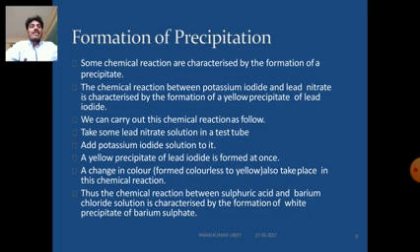Take some lead nitrate solution in a test tube and add potassium iodide solution to it. A yellow precipitate of lead iodide is formed at once. A change in color from colorless to yellow also takes place in this chemical reaction.